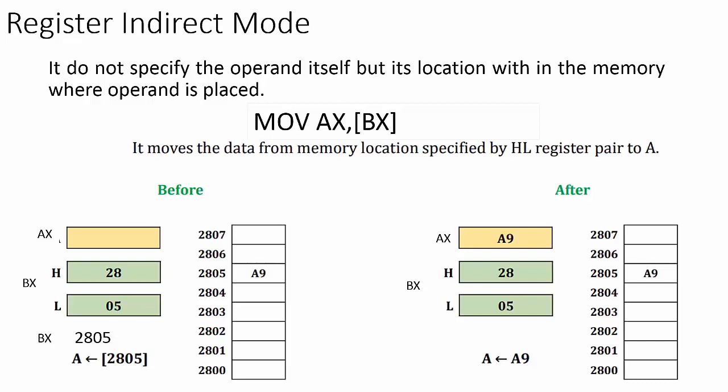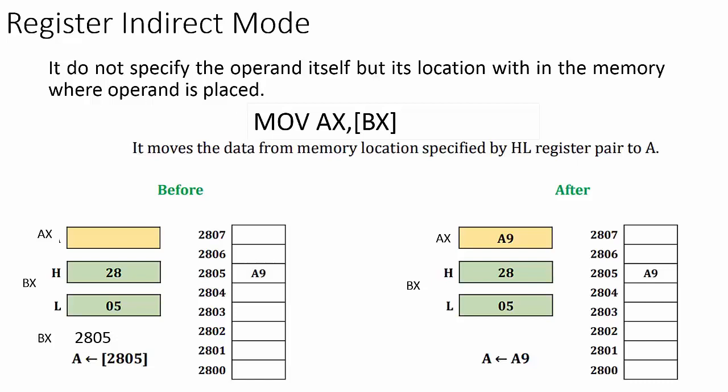It means each register consists of 2 bytes, and we can access the individual byte of each register. H represents the higher byte and L represents the lower byte. So the BX register's higher byte contains 28 and the lower byte contains 05. If we combine these two, that becomes 2805. It means that the BX register contains the value 2805, which is not the operand.